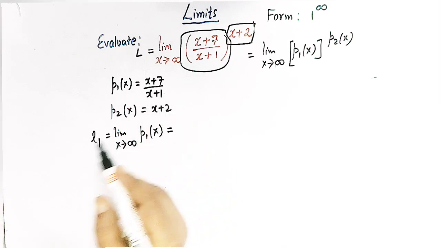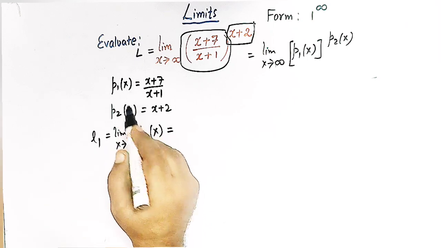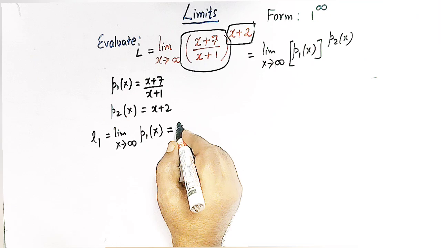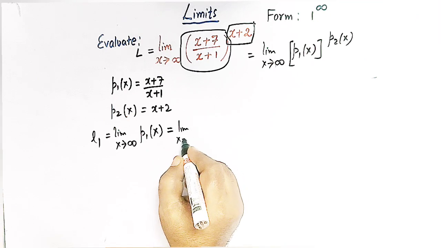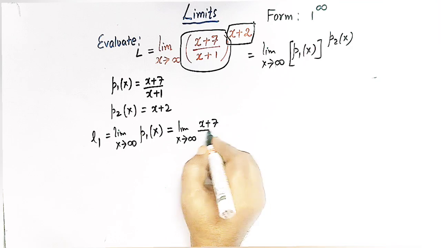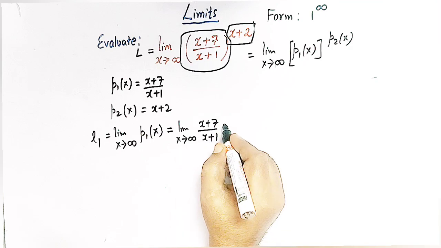We are separately calculating the limits of these two functions when x approaches infinity. So here we have the limit as x tends to infinity of p1(x), which is (x plus 7) over (x plus 1).